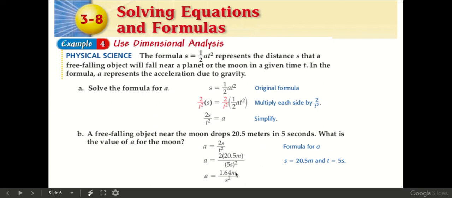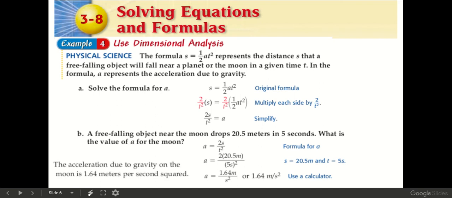And I have meters over seconds squared, right? So this actually can be written as 1.64 meters per second squared, right? That's the acceleration due to gravity on the moon. So the acceleration due to gravity on the moon is actually much less than it is here on Earth.